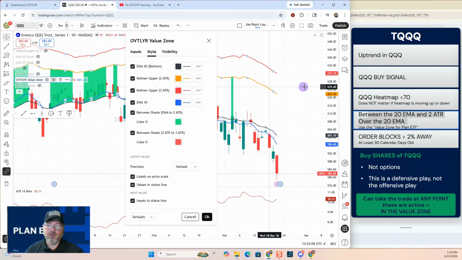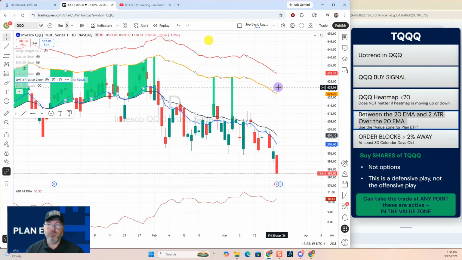Now what's the red line? Well, the red line is an exit signal. We haven't gotten to exit signals yet, but keep in mind, the red line is one we're going to be concerned about. It's the 3 ATR line. Now, are we between the 20 EMA and 2 ATR over the 20 EMA? Well, we're not. We don't have those green lines.